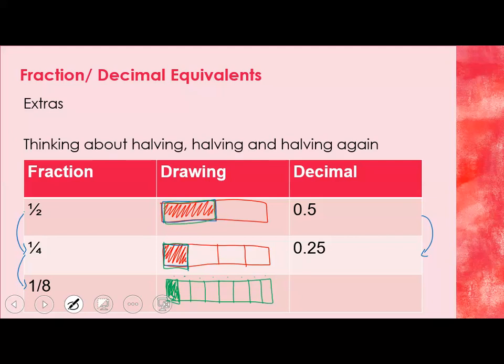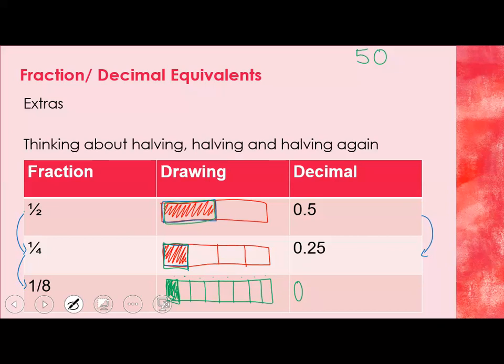Now, how do I find 1/8 as a decimal? Well, it might not be very easy for me to do 0.25 divided by 2, but I can think about some other things I could do to help me out. I could look, for example, at the number 50. So I know that 50 is half of 100.